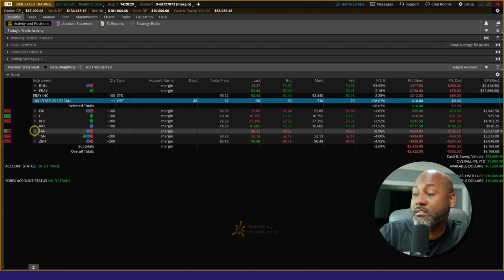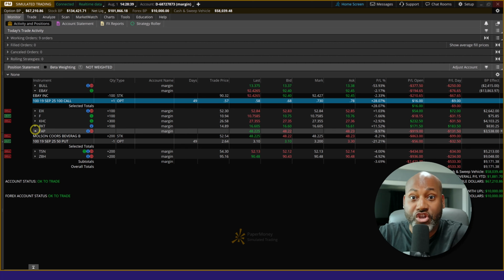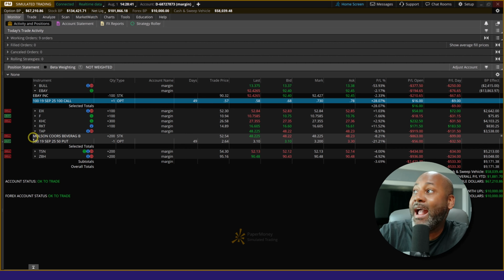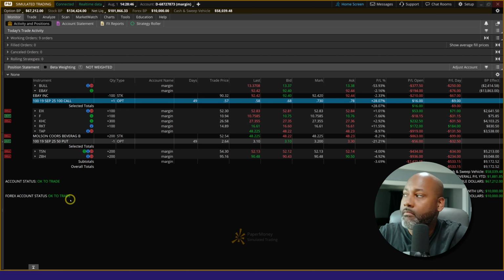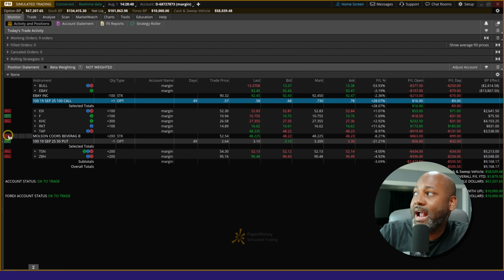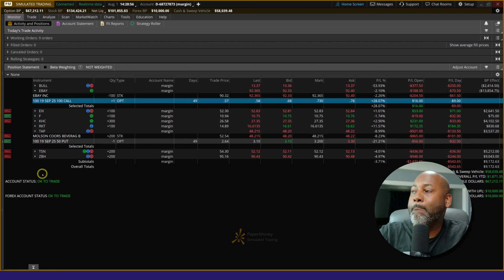So when it's collapsed, to give me a quick view of it, it's showing me both as one icon. And then when I open up the TAP position or the security, now I can see I have more than one position in TAP. And on the shares, I have a sell order. On the option, I have a buy order. Now, if I had more than one sell order on the shares, I'm only going to see that one sell icon. I'm not going to see two of them.